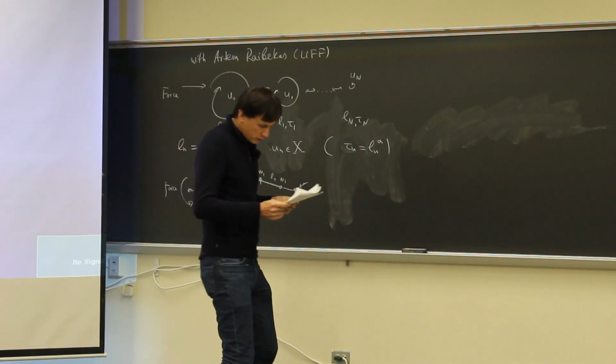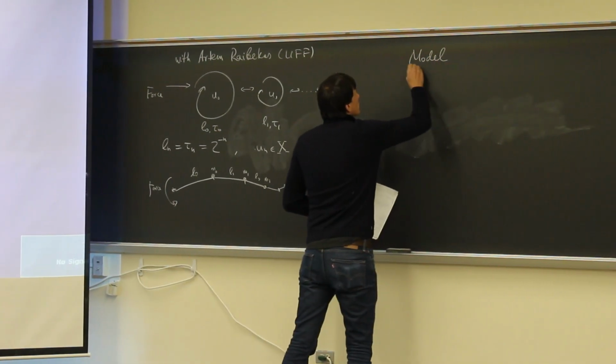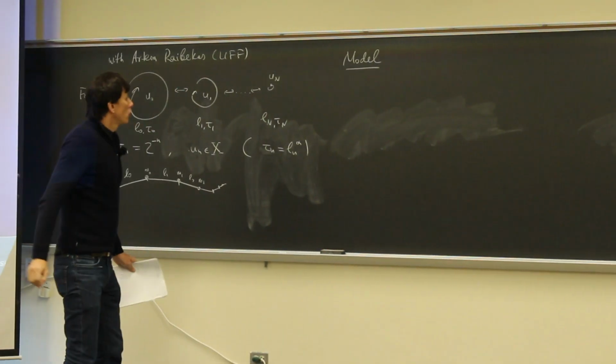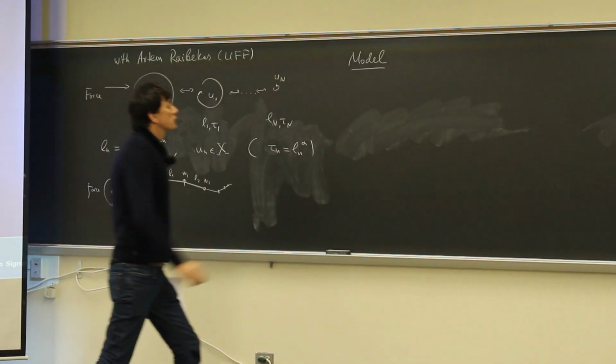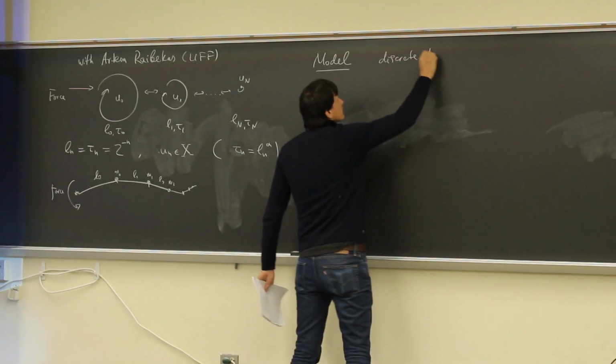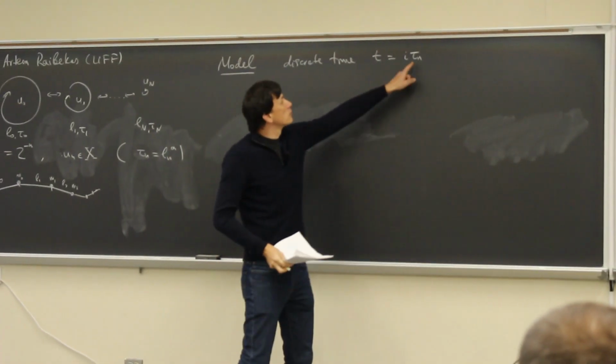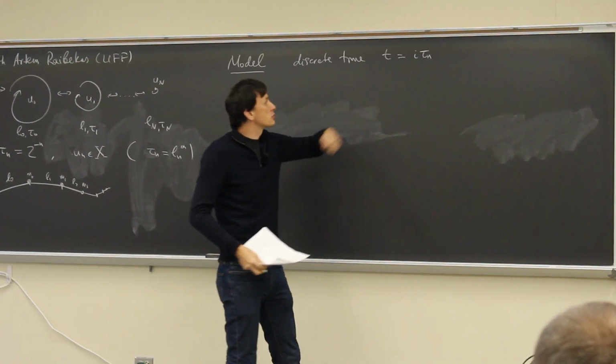So okay, let's start with the model. The model that we consider has discrete time. The time will be taken in intervals corresponding to the turnover time at each scale.